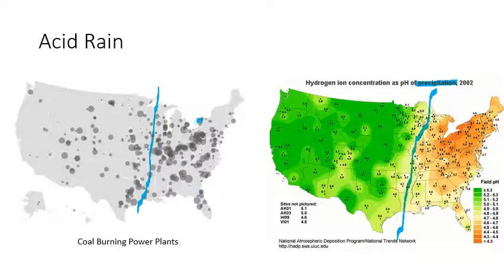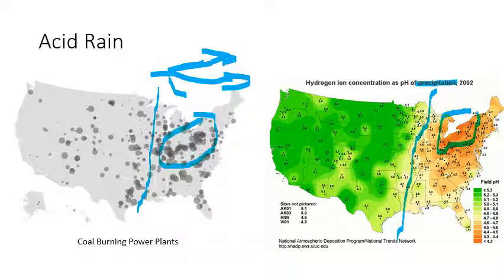Versus over here, a very high concentration of coal burning power plants, and it actually moves its way up a little bit because it doesn't just stay in the local area, it spreads around, and it can go either north or south or east, depending on which way the wind blows. Generally, winds blow in these directions. This way, and this way. So you can see how the area just slightly north of all those power plants has a very high amount of acid rain from the combustion of all those fossil fuels.